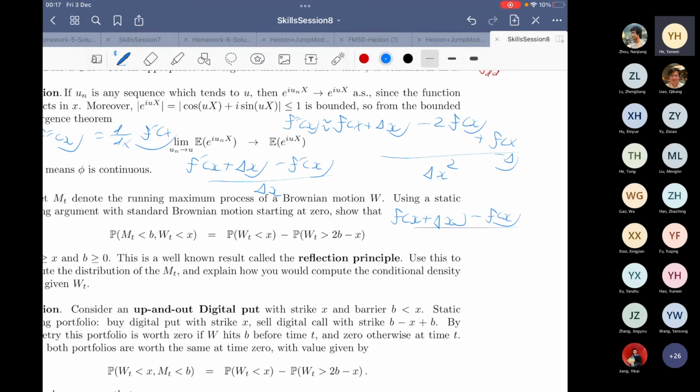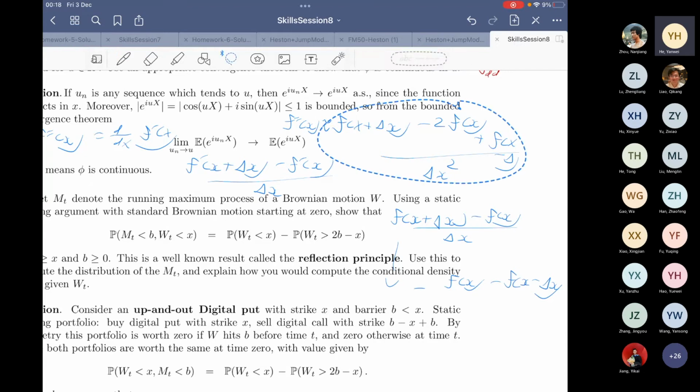It's dx squared, but if I divide that by dx, and then carrying on, minus the same thing. It should be minus f of x minus f of x minus dx. We're just rearranging this expression into something more intuitive. Why have we got the minus 2 there? It's just a bit fiddly, that's all.